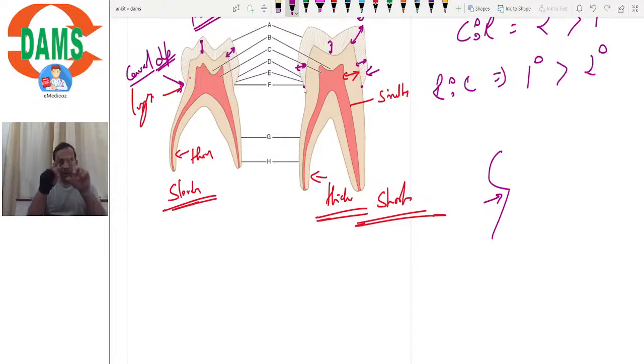Since the curvature is not prominent in permanent teeth, the constriction just beneath the curvature is also not as prominent. So this cervical curvature and the resulting constriction are more prominent on the primary teeth. And even in primary, they are more prominent on the posteriors, that is on the molars.